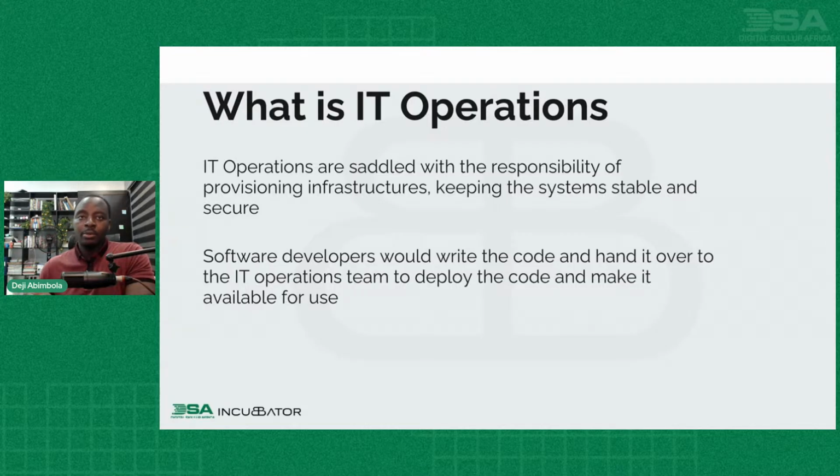So I started with that responsibility of provisioning infrastructure, and infrastructure would mean servers. It could be load balancers, and servers could be a virtual machine or bare metal. What do we mean by bare metal? It could be a physical machine somewhere, or a machine that is physical but has been virtualized, so you're not deploying directly to a physical machine, but to a virtual machine built on top of a physical machine existing somewhere.